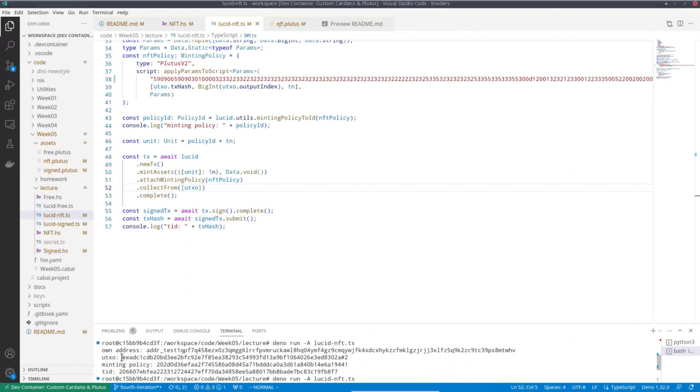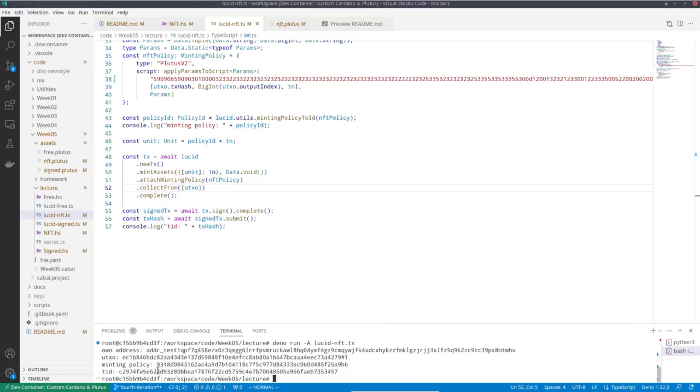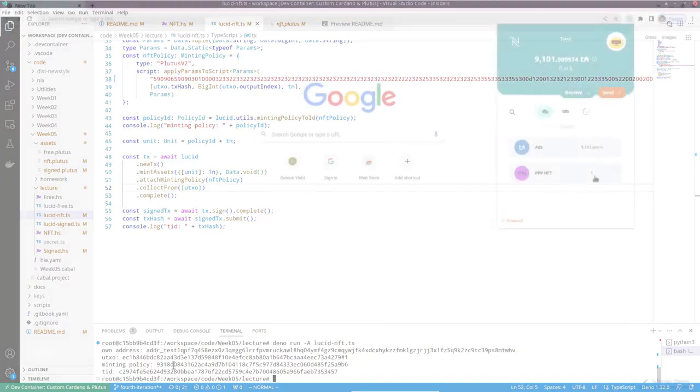Because in the first minting transaction, we consumed this UTXO. So for the second, it's no longer available, and we pick a different one that we find in our wallet. So as a consequence, the minting policies and hence the currency symbols are different. So this is 202D0 and this is 9318D.